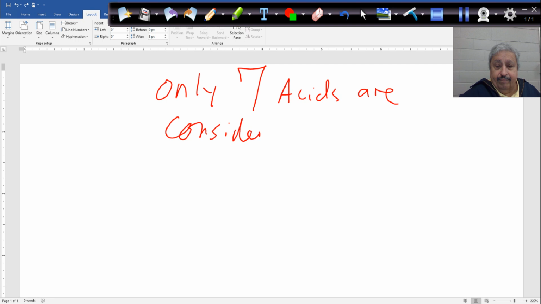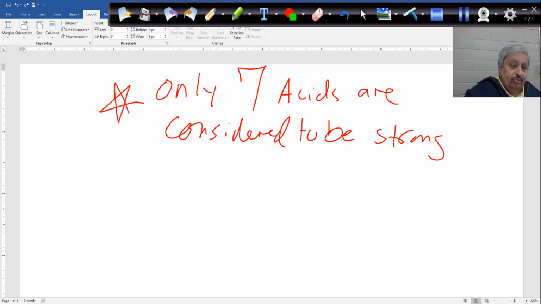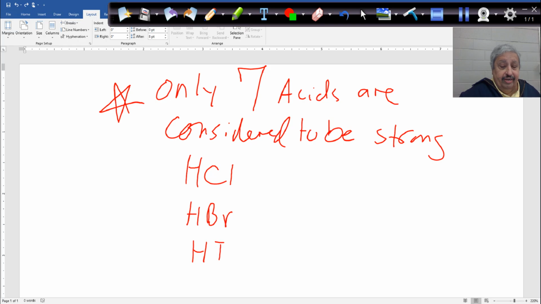All the rest of the acids are weak. So which are those acids? Well, it turns out group number 7: HCl, HBr, HI. Not the HF. HF is weak, correct? Cl, Br, I. So those 3.